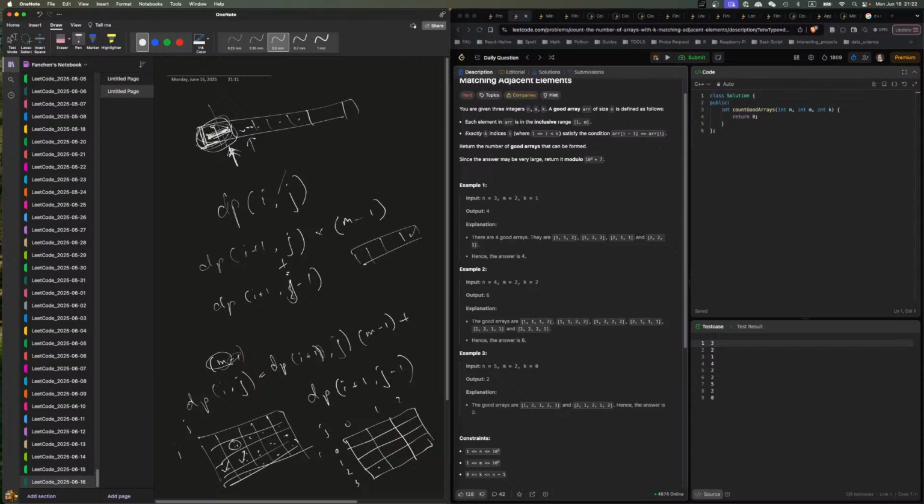Well, m equals 2, so there are 2 ways, because this is saying 0 pairs, and then we have 1 pair, we have 2 pairs.